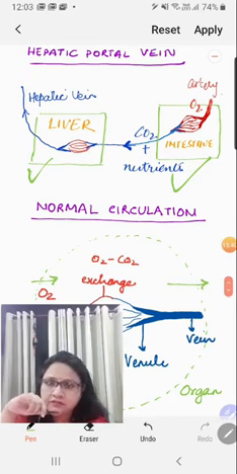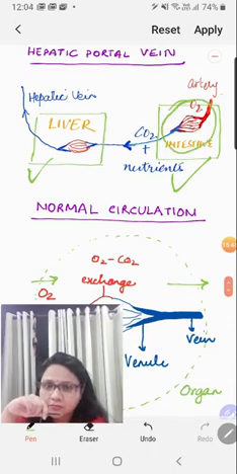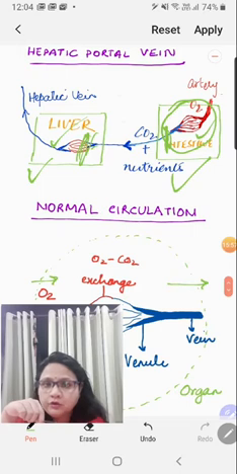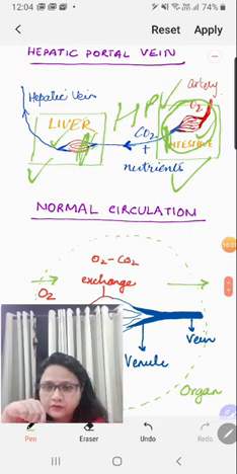But the only difference is, this blood vessel, this particular portion, exiting the intestine and entering the liver, is beginning with the capillary and ending up in the capillary, right? So you will be calling it hepatic portal vein, right?